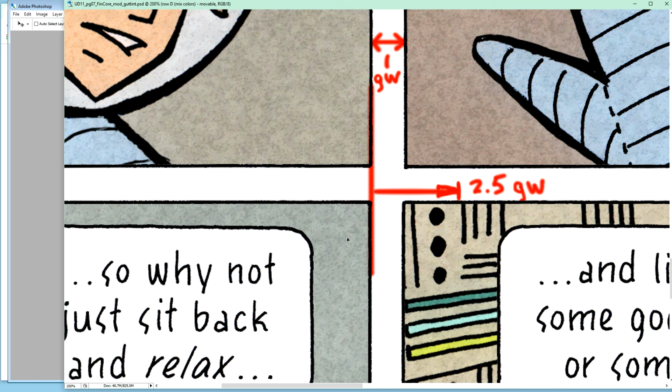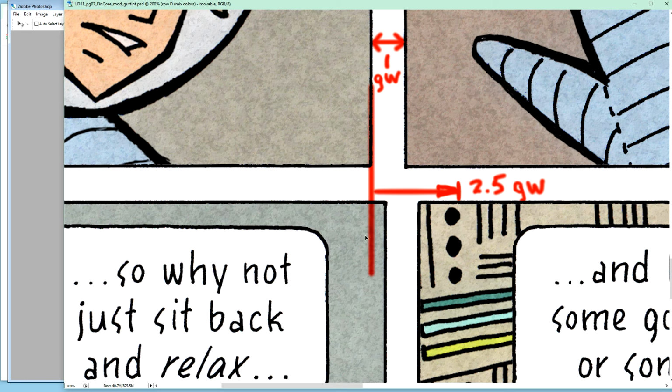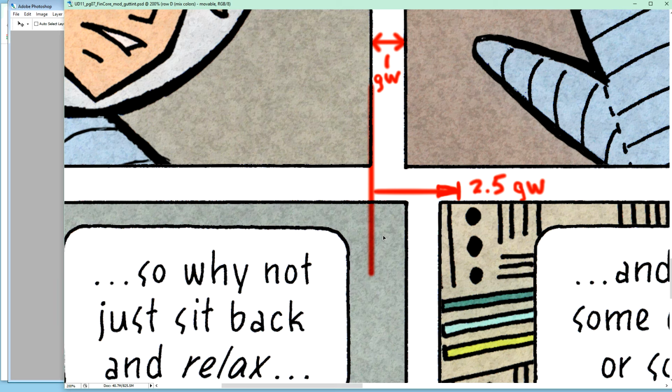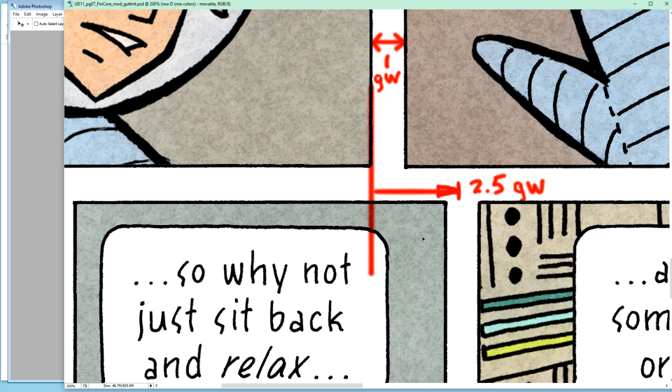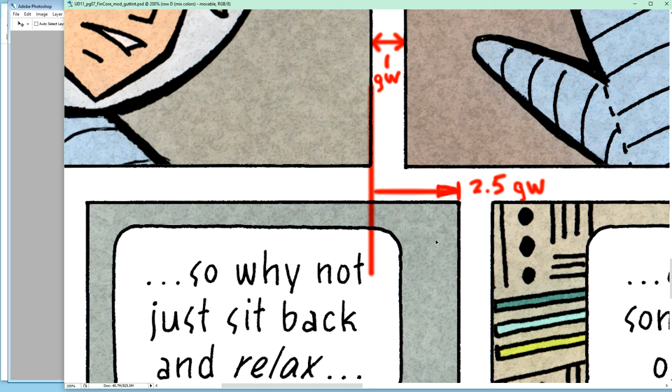So this is 0 offset, and this is 1 gutter width offset, and this is 2 gutter widths, and then we have 2.5.